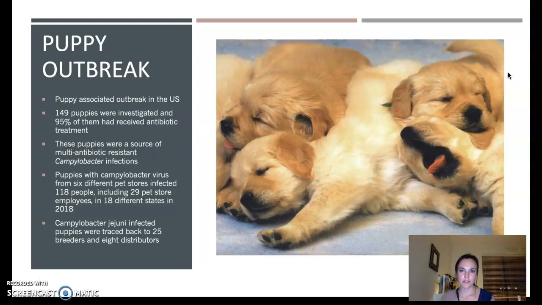These puppies were sick, and they infected 118 people, including 29 pet store owners, and these puppies were given to people in 18 different states, so all of those people were infected. Now, 149 puppies were investigated, and 95% of them were receiving antibiotic treatment for the illness, which caused them to be a source of multi-antibiotic resistant Campylobacter infections.